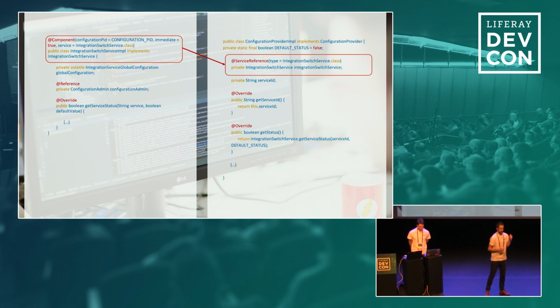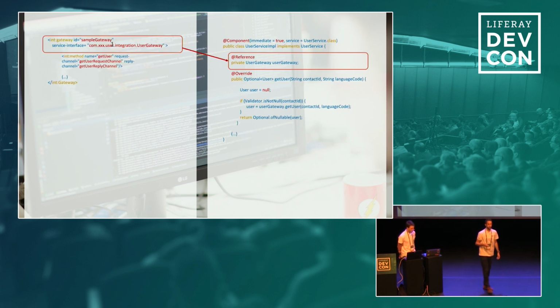Okay. Remember this slide because we will talk about it in the future. Basically, what you have to keep in mind is that we have a Spring bean, and into this Spring bean we have an OSGi component injected and it can be used.